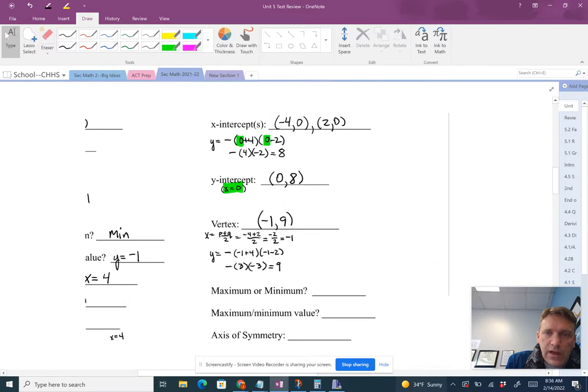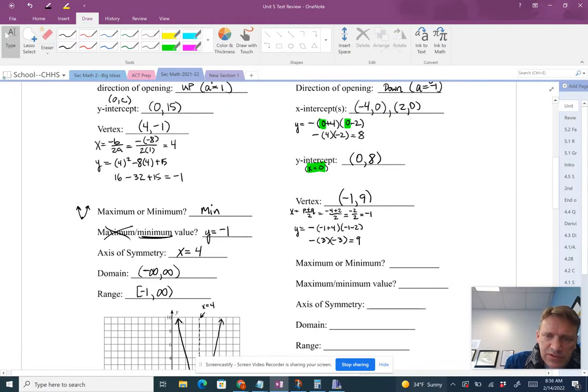We'll look back at this. It opens down, so we can sketch a quick graph. It looks something like that. So it's going to have a highest point, which means it has a maximum. Its maximum value would be y equals 9 from our vertex. Its axis of symmetry is x equals negative 1.